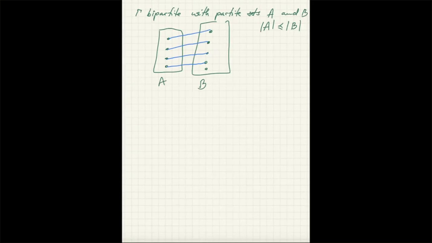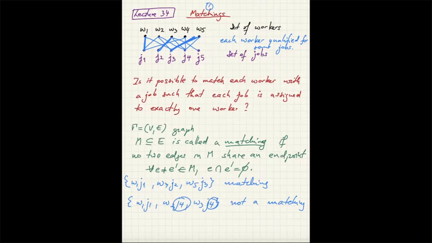So let me add a definition here. If we have a matching M, the vertices contained in the edges of M are said to be saturated by M. Okay.